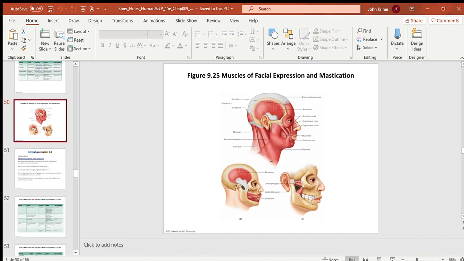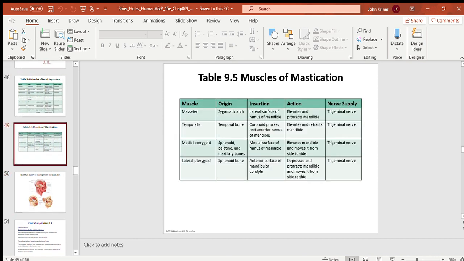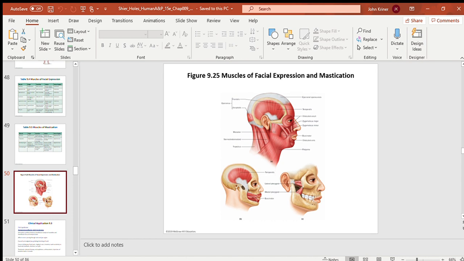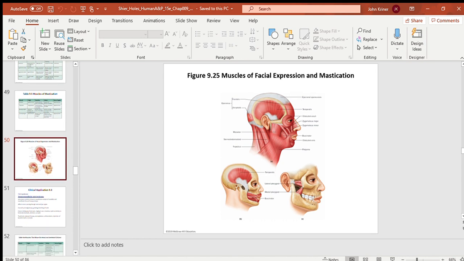And there's the picture so you can see where they're at. Notice origin, insertion, and action come in. Nerve supply, I think I'm going to include that as well. So basically, as we go through, these tables are what you really need to focus on. And then you have to be able to identify the muscle by looking at an image like this.